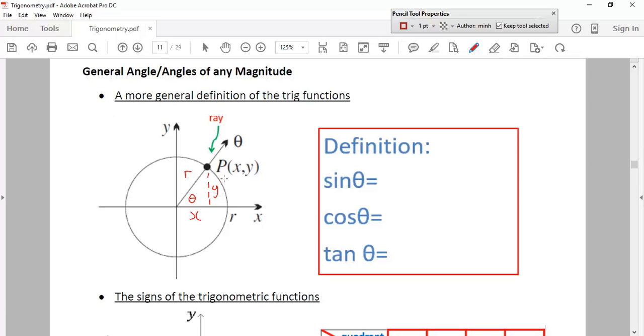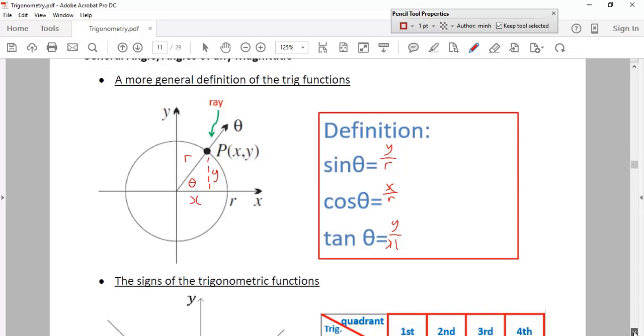So in our definition of sine, opposite over hypotenuse is y over r, sorry. And then cos, adjacent over hypotenuse, x over r. And then tan, opposite over adjacent, so it's y over x. So that's just looking at it in this first quadrant.